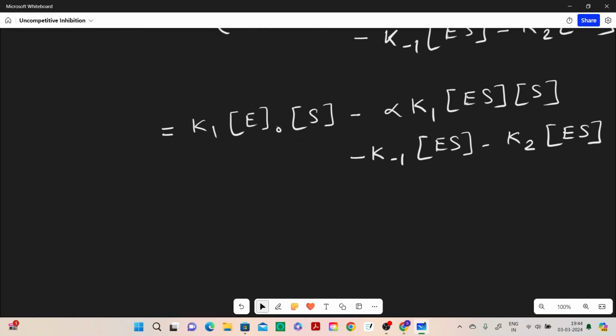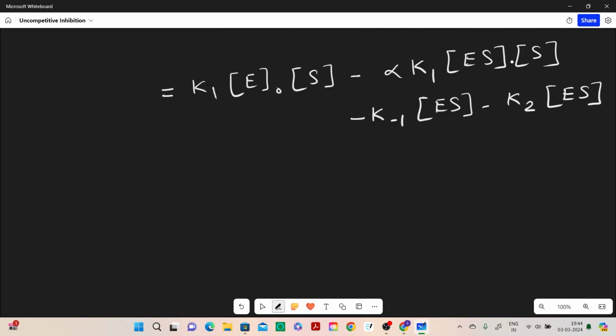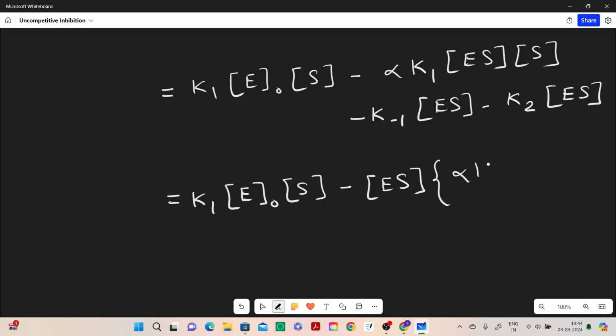So what we can do right now is take ES common from these three terms of the equation. So we can write this down as K1 E naught S minus ES into alpha K1 S plus K minus 1 plus K2.